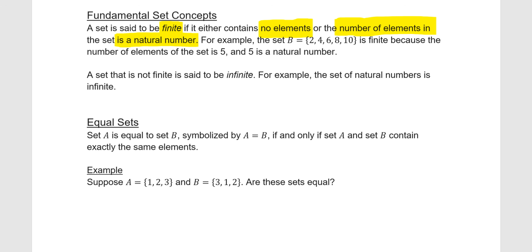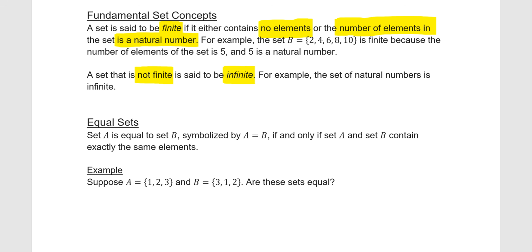So for example, if we have the set B right here, set B has the elements 2, 4, 6, 8, and 10. This is finite because there are 5 elements in this set. Count them: 1, 2, 3, 4, 5. And 5 is a natural number. Okay, and we say that a set that is not finite is going to be infinite.